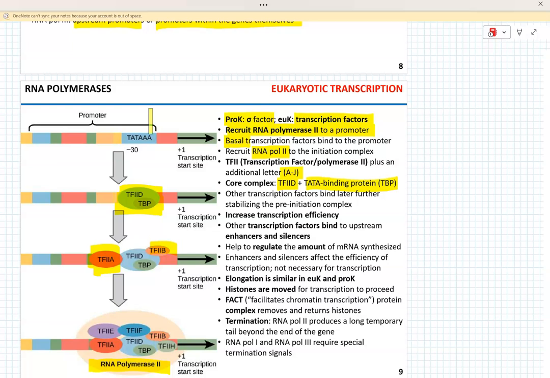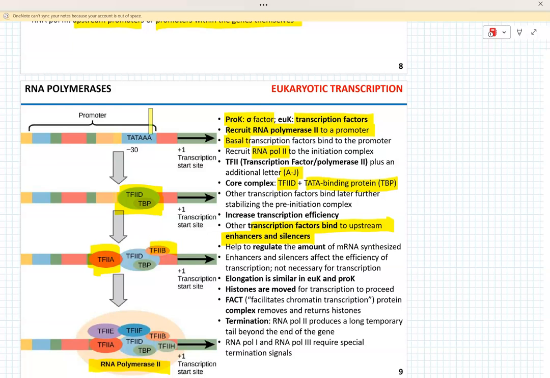Transcription factors help to increase the efficiency of transcription, but technically speaking, many of them are not essential for transcription. For example, there is a bunch of transcription factors that bind to upstream regulatory sequences called enhancers and silencers.